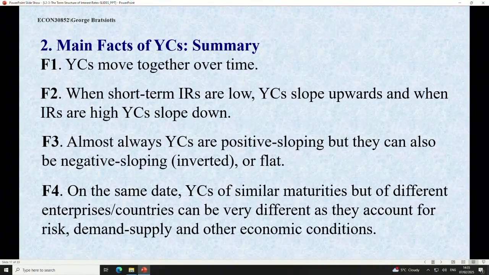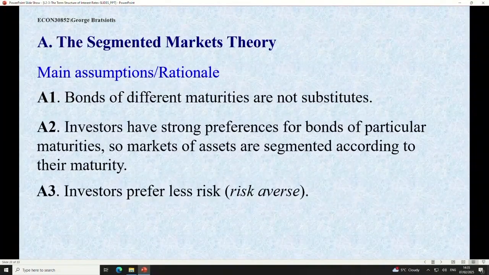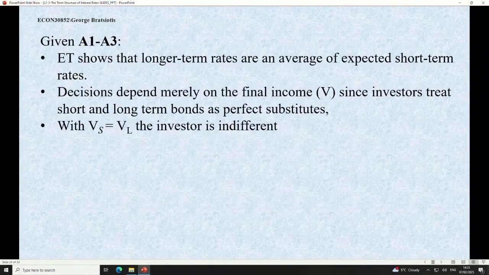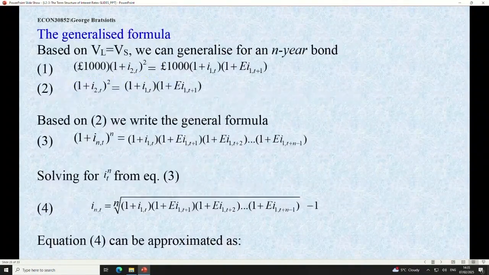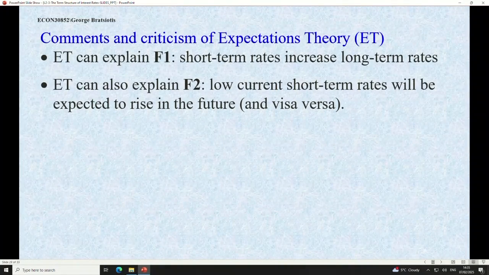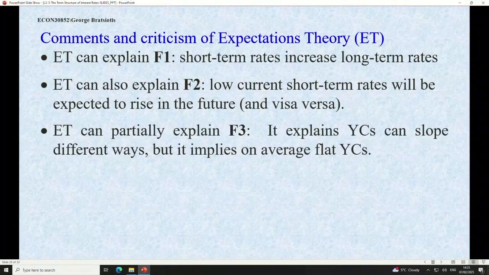So what's the problem here then? Well, sometimes they can be upward sloping, sometimes they can be negative, according to the expectations theory. But there is a problem here. And I'll tell you what the problem is. That on average, you would expect the yield curves to be flat.